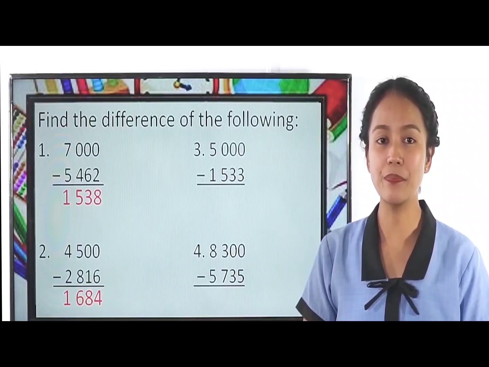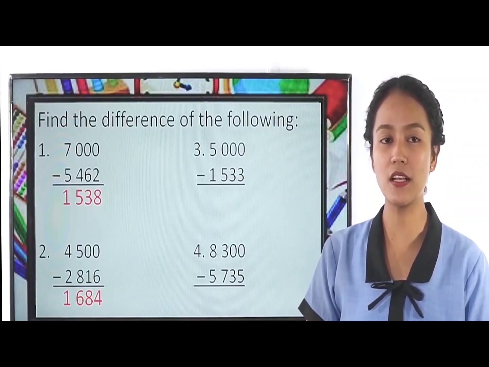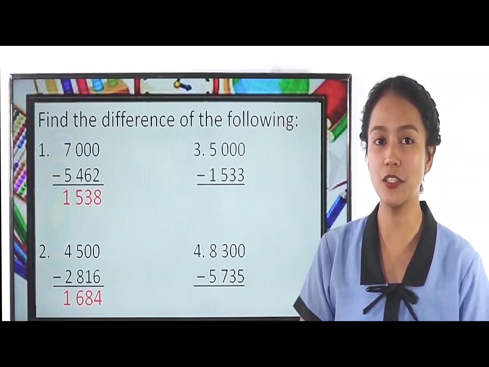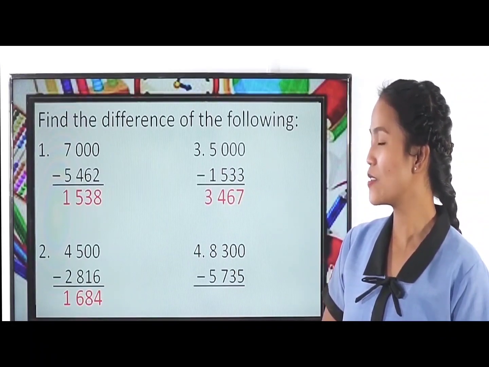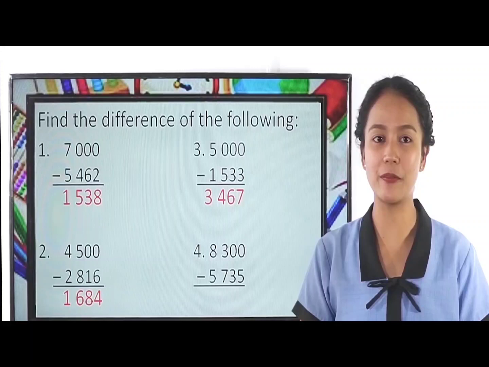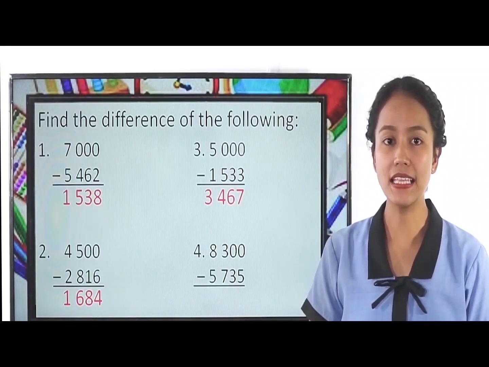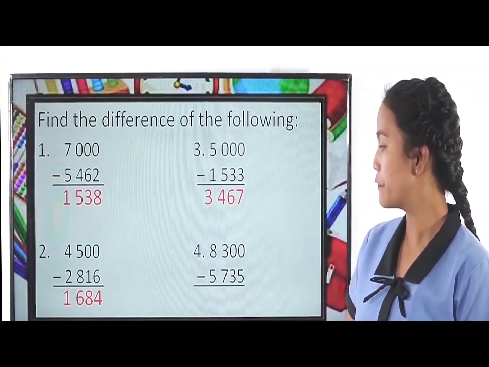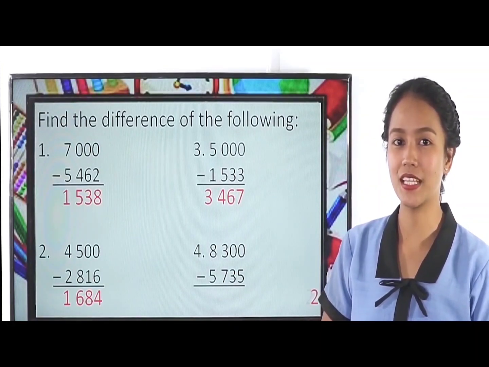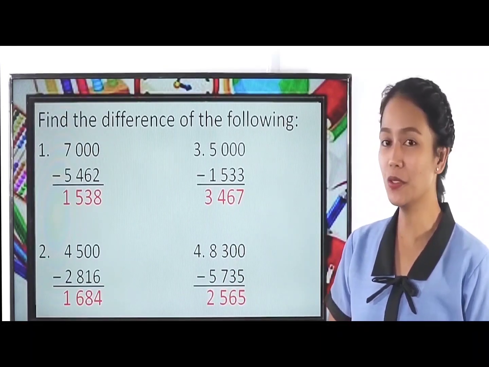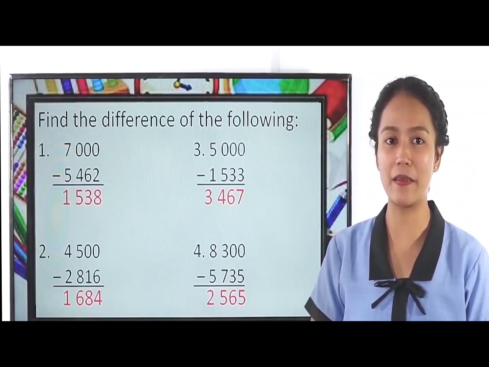And for number 3, 5,000 minus 1,533 is equal to? Nice! It is equal to 3,467. For the last number, 8,300 minus 5,735 is equal to? Yes, it is equal to 2,565.